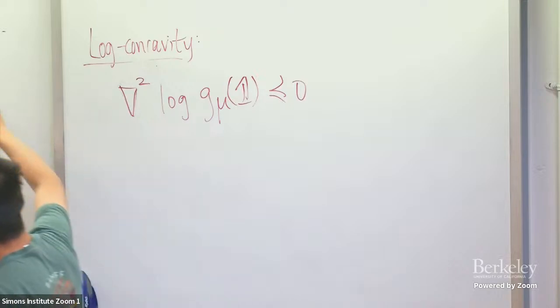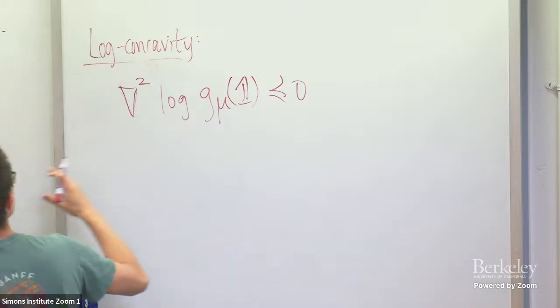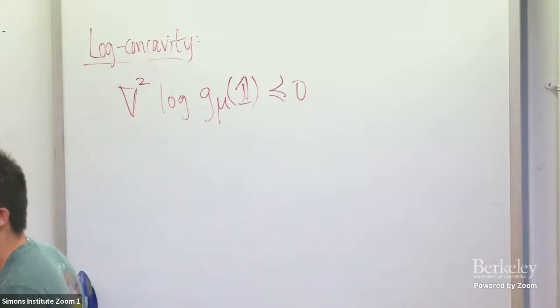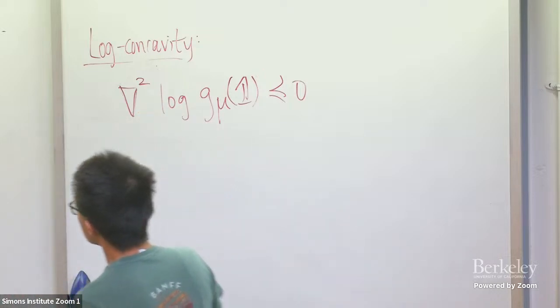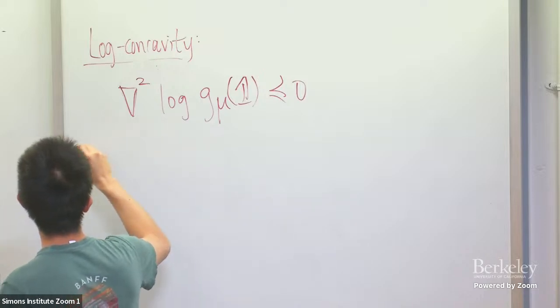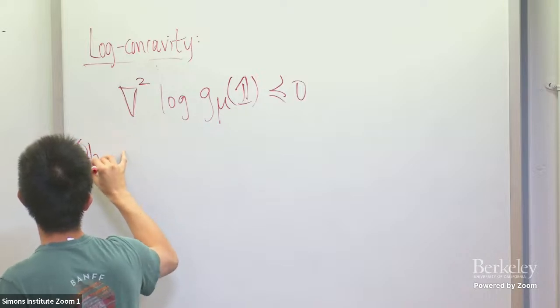All right, so what's the connection? We're going to use this lemma to translate what this thing is to what's the spectral independence. So in particular, this is a definition.